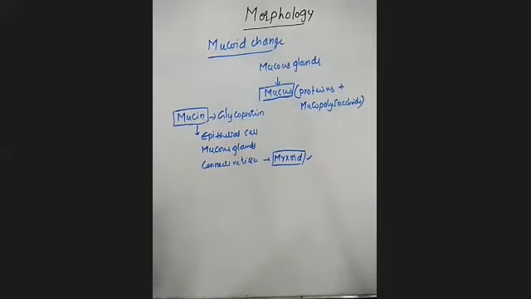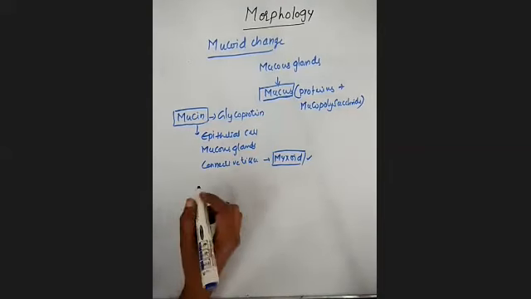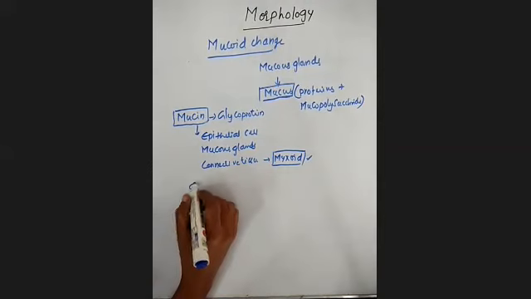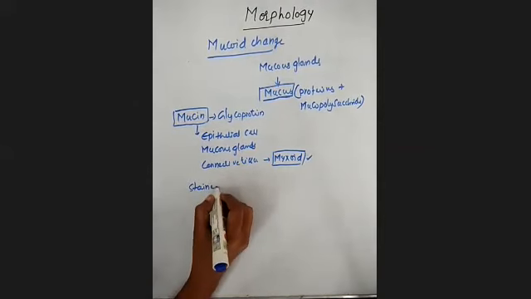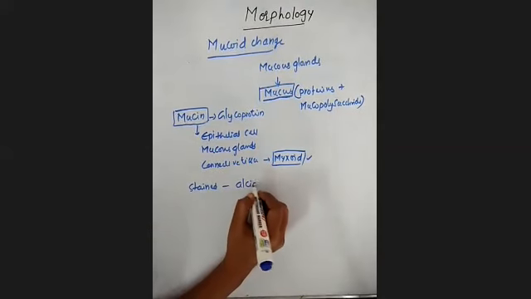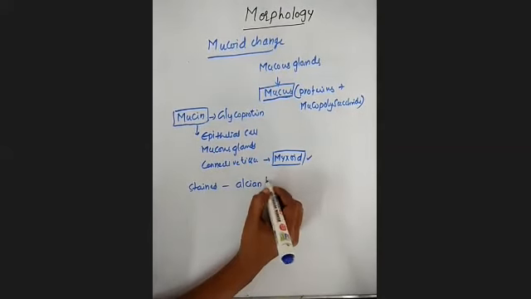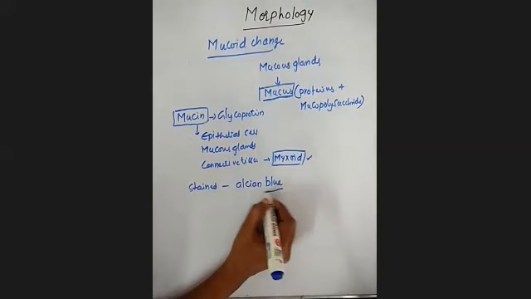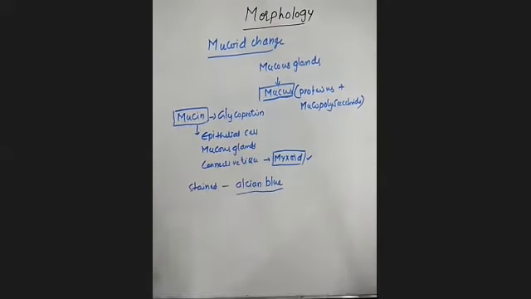Clear? Whatever it may be, either mucus or mucin, both are stained with one dye, which you will call Alcian blue dye. Remember, both mucus and mucin are stained with Alcian blue dye.